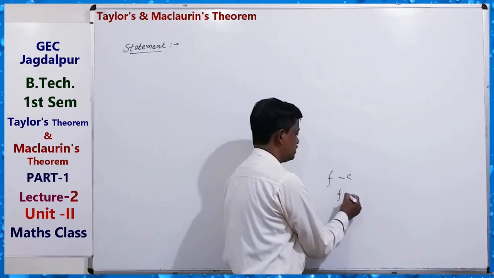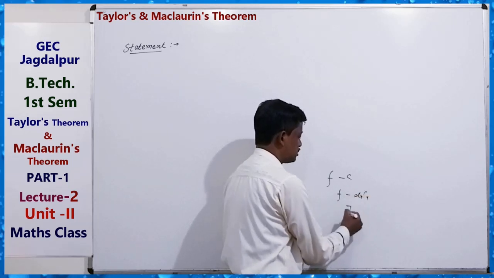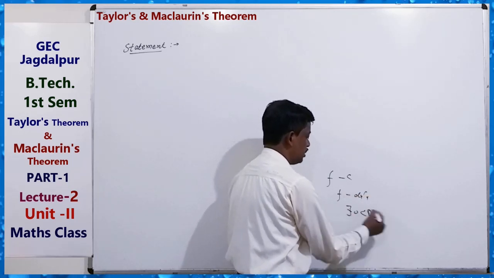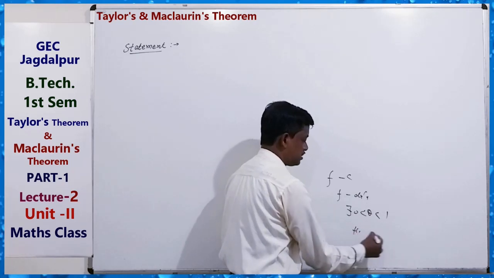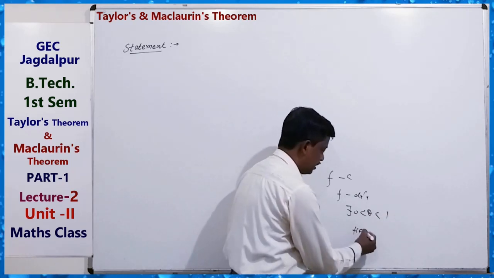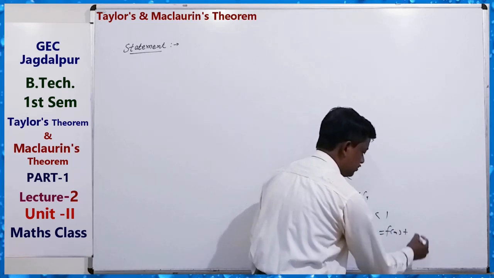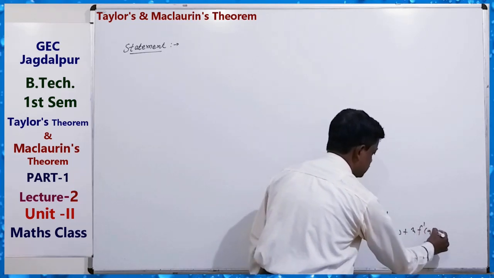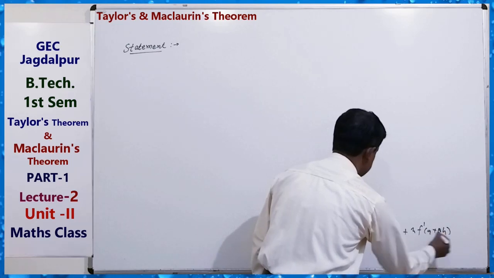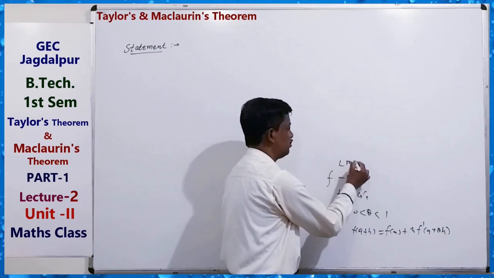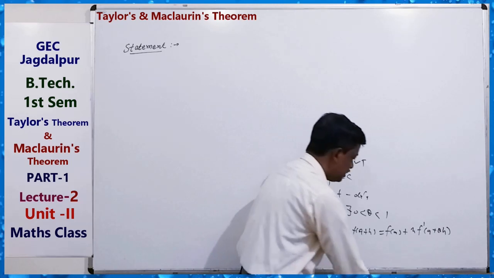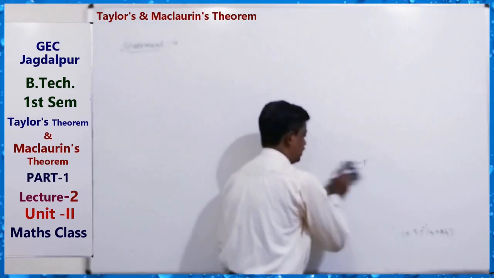Then there exists a theta between 0 to 1 such that f(a+h) = f(a) + h f'(a + theta h). This is the Lagrange mean value theorem, and Taylor's theorem generalizes it.